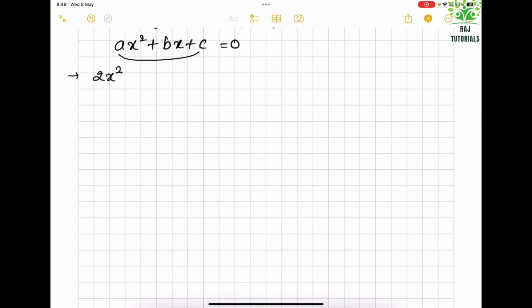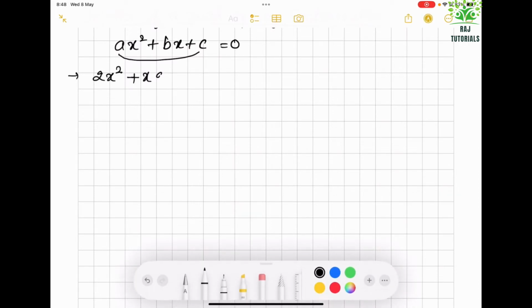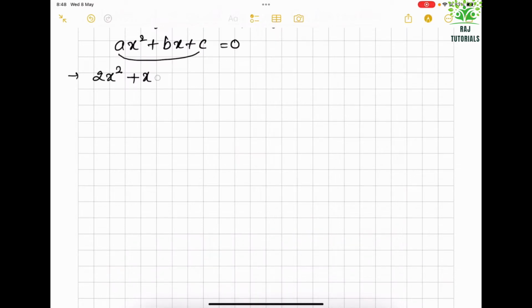Suppose the example is 2x square plus x minus 6 equal to 0. If I check carefully, a is 2, b is 1 and c is minus 6.